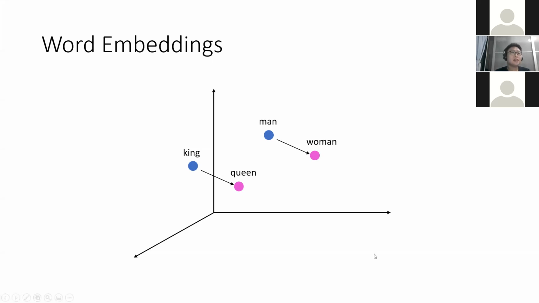You can see that king is to queen as man is to woman. In the vector space, man to woman is in the same direction as king to queen. So this is how you can draw analogies using word embeddings.